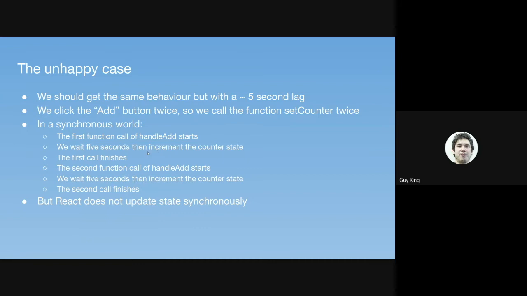Those 5 seconds pass, and then we actually do the update of the state. That function finishes, it exits, and then because this is synchronous, the first function finishes. Well, let's start the second function then, and it does the same thing. It gets blocked for 5 seconds. It then does another increment. So by this time, we basically have 2 increments. So you'd expect at the end to see 2 rather than 1.